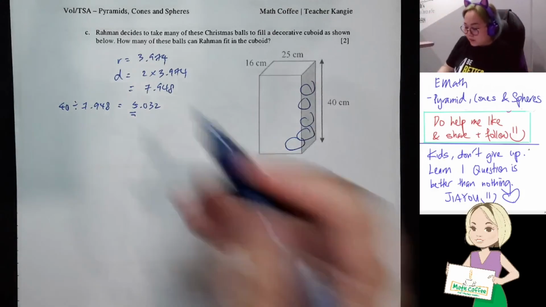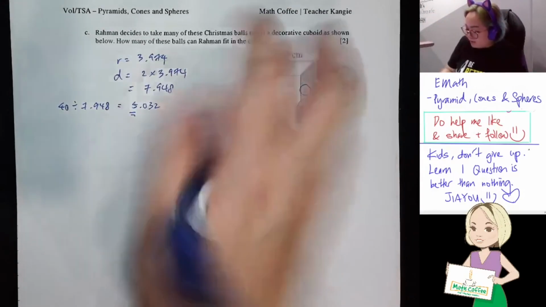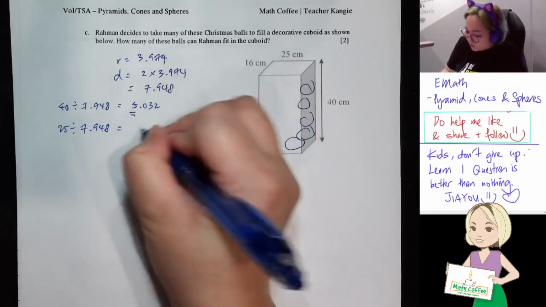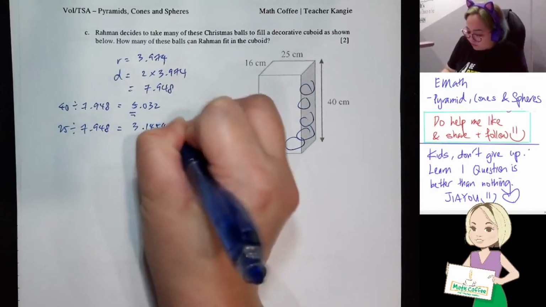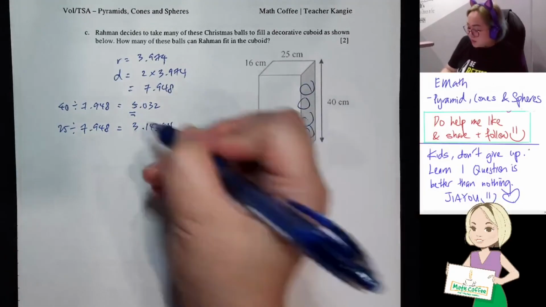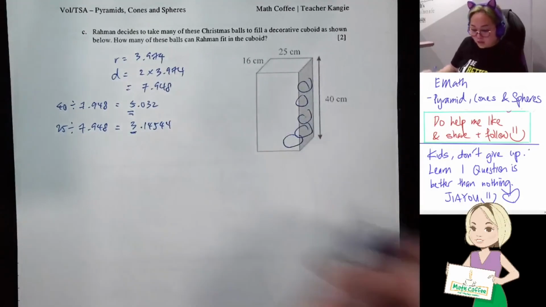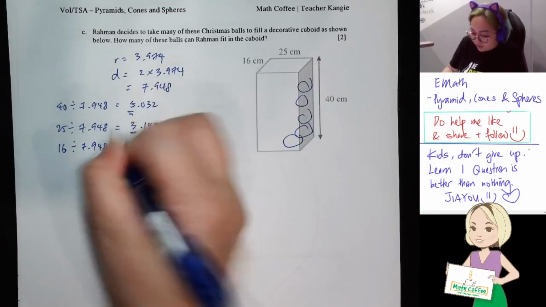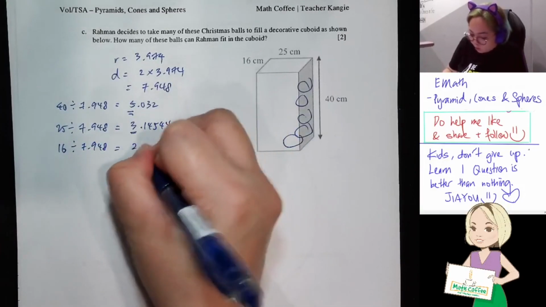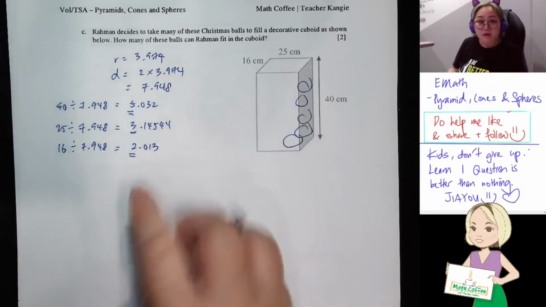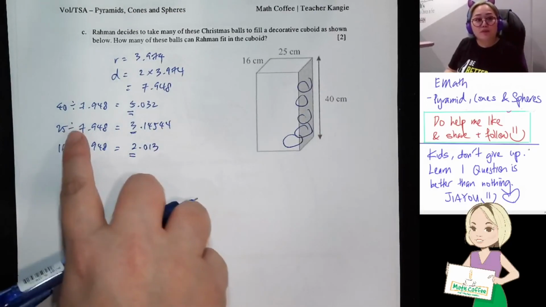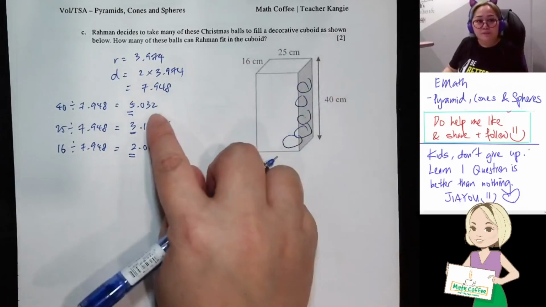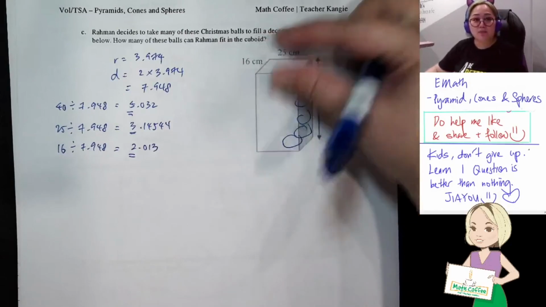Next is this side, 25. 25 also divided by 7.948, and we will have 3.14544. Again, interested in the whole number. Next, 16 divided by 7.948, we will get 2.013, and we're interested in the 2. So this 25 means that I can put 3 in this column, and the 16 means that I can put 2 rows.